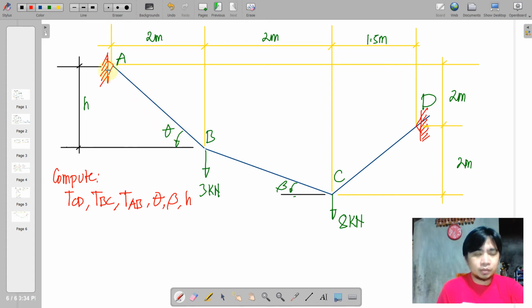Basically, the horizontal and the vertical reactions at A couldn't be determined right away because we still need to determine theta, as well as the tension at BC, wherein the slope is not yet determined, that is beta.